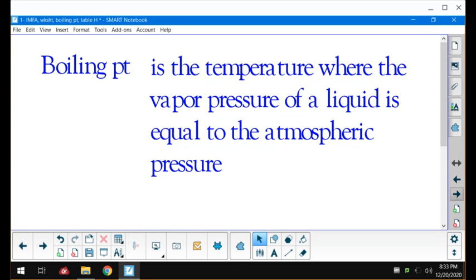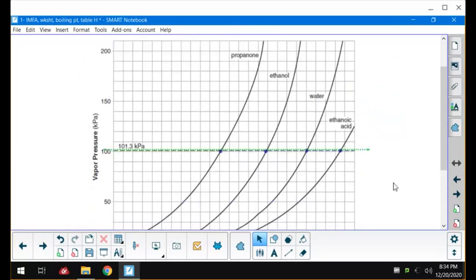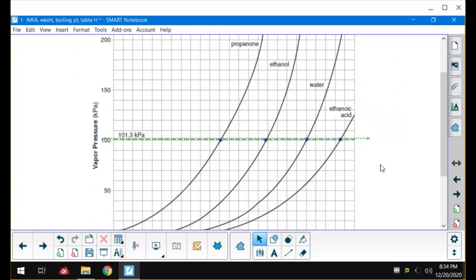So it's going to be coming out of the liquid phase into the vapor phase at that temperature, and that's the boiling point. If you noticed, the boiling point for different substances is different because they have different intermolecular forces of attraction.